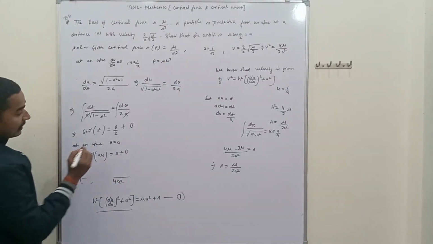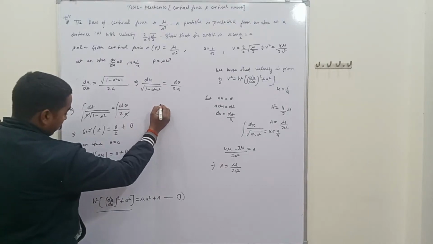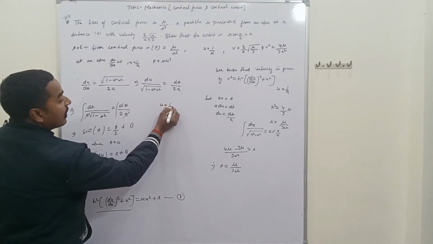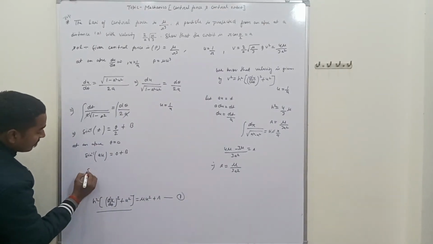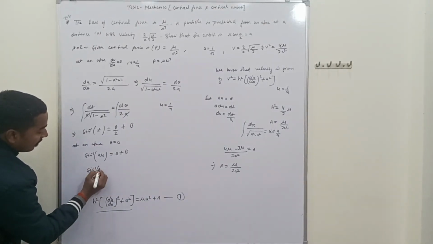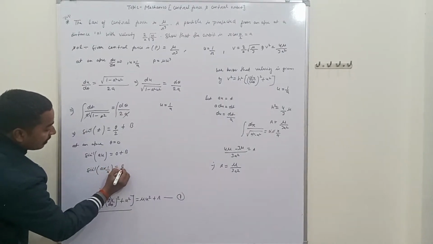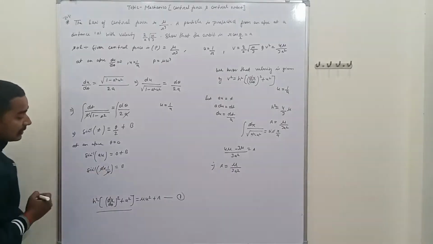We know that u is equal to 1 by a at apse, so we put here sine inverse of a into 1 upon a equal to b, and a and a are cancelled out.